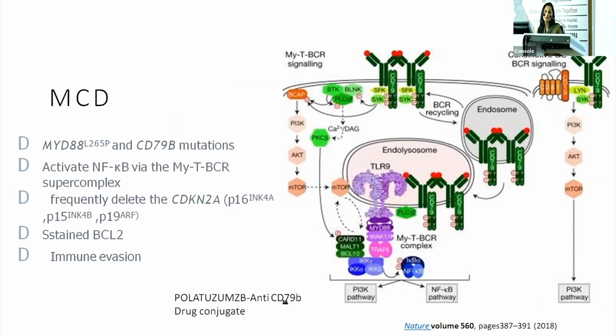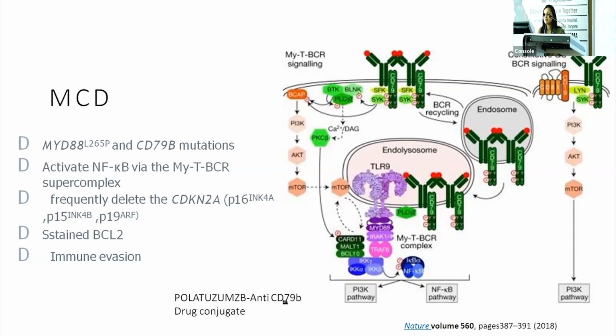So coming to the MCD group, which as I already mentioned has MYD88, the classical mutation L265P. This is not solely limited to diffuse large B cell lymphoma, but it is also seen in other cancers, which we will talk about later. And it also has a CD79B mutation.